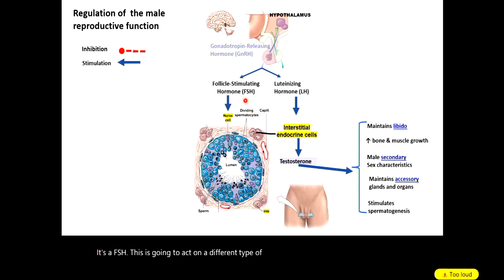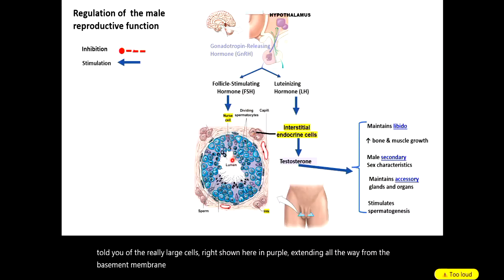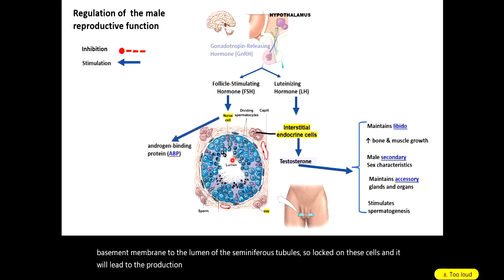It will act on these Sertoli cells, which I told you are the really large cells, shown here in purple, extending all the way from the basement membrane to the lumen of the seminiferous tubules. So it will act on these cells, and it will lead to the production of androgen binding protein, ABP.